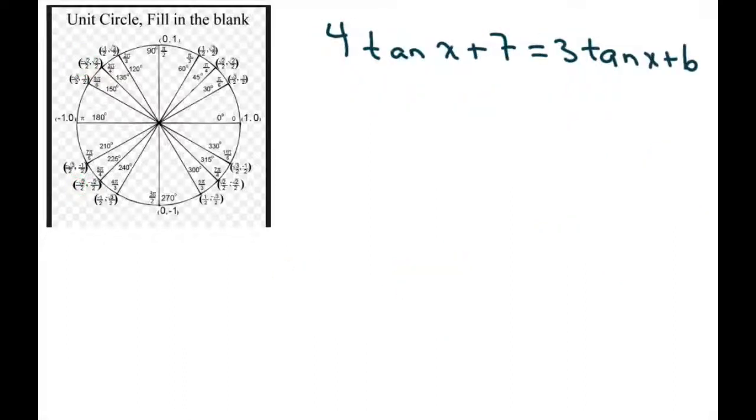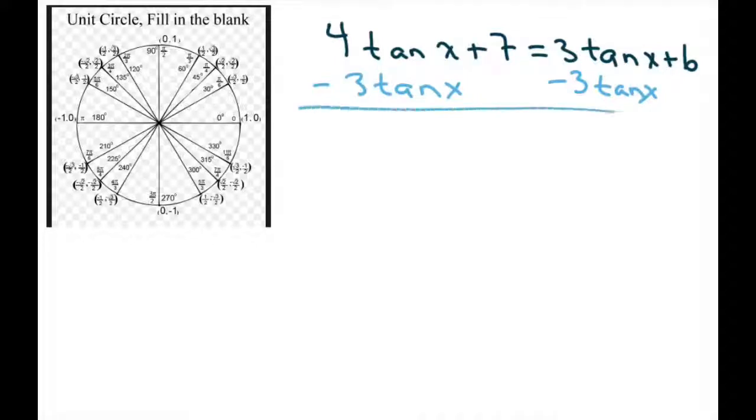Alright, and this one, we're going to subtract 3 tan from both sides. So that's going to give you tan of x. And we're also going to subtract 7 from both sides.